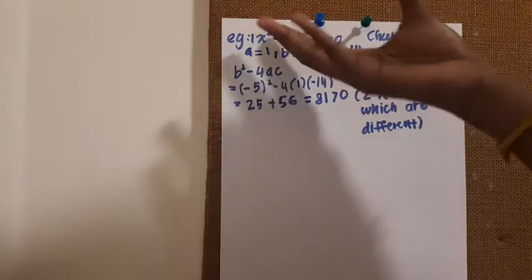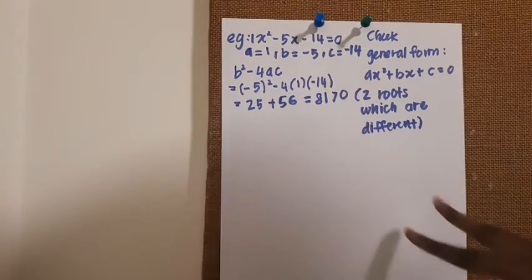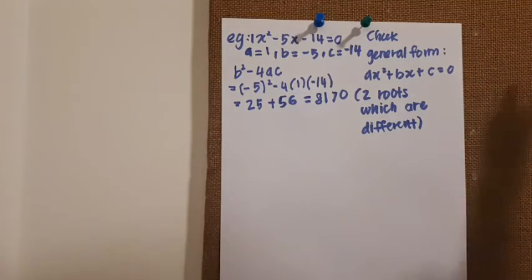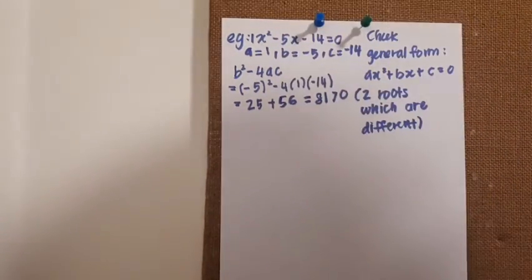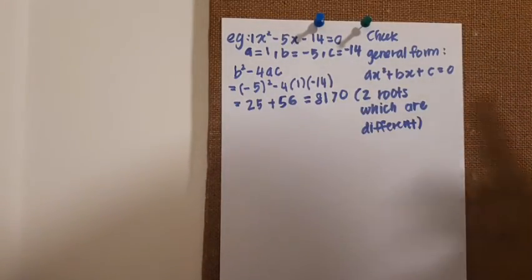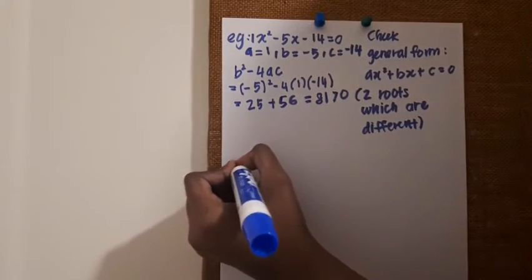So when we solve this equation, you will always get two x values which are different from each other. Then let's have a look at another example.